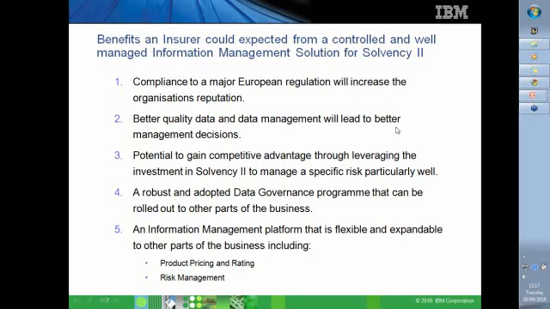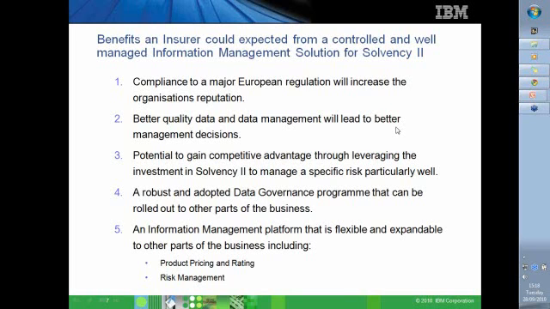The obvious benefit for the insurer is that you are compliant. However, that is only one of the benefits, and that's not the biggest and best way to get a business case through. In our experience with clients, a bigger, broader business case will make it more achievable to get the case through to build the solution.